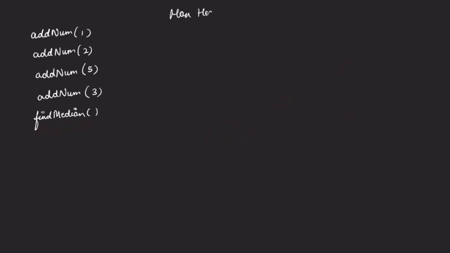Initially it will be empty. First you will get 1, so 1 will be pushed here. Then you will get 2, so 2 will come here. Then you will push 5, so 5 will come here. Then you will push 3, so 3 would be here. Because this is a max heap, it will always keep the maximum value at the top. Now our elements are in sorted order.